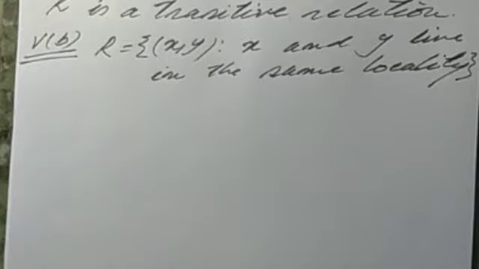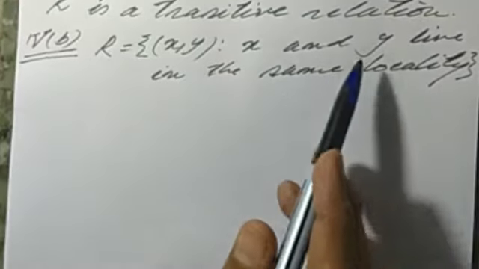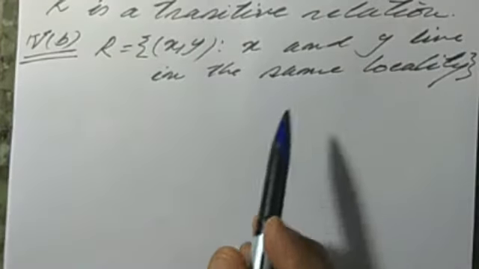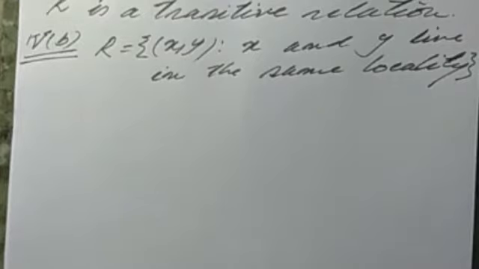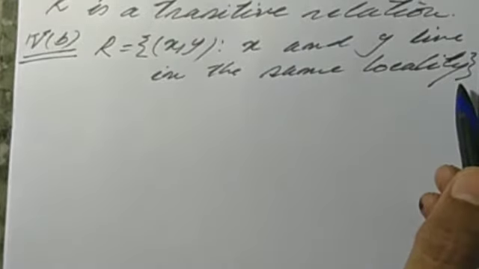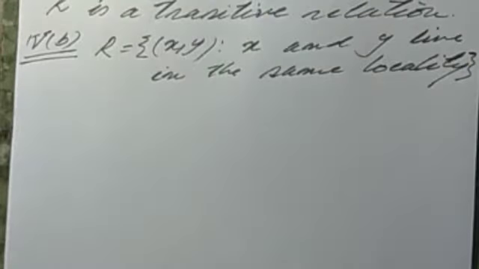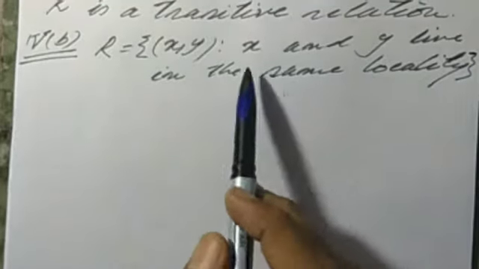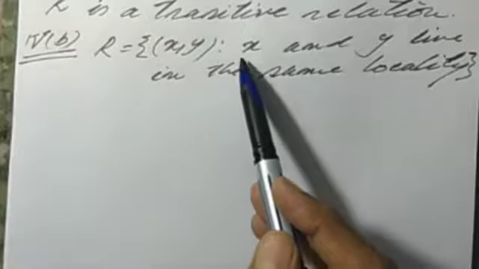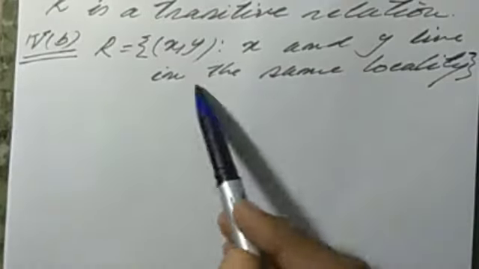Now the B part of the fifth part of question number 1. R is defined as an ordered pair (x, y) where x and y live in the same locality. As it is very similar to the first part, I am leaving it here. I am not going to solve it. You better try it yourself, because I can only explain it verbally.